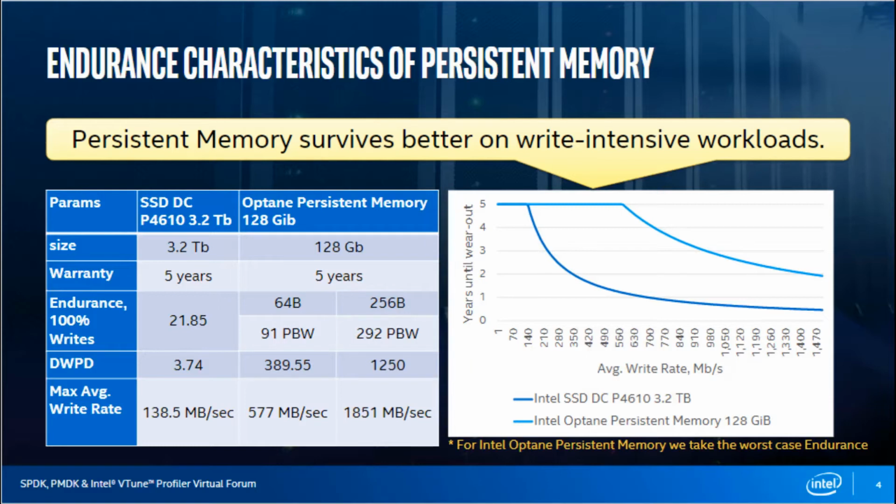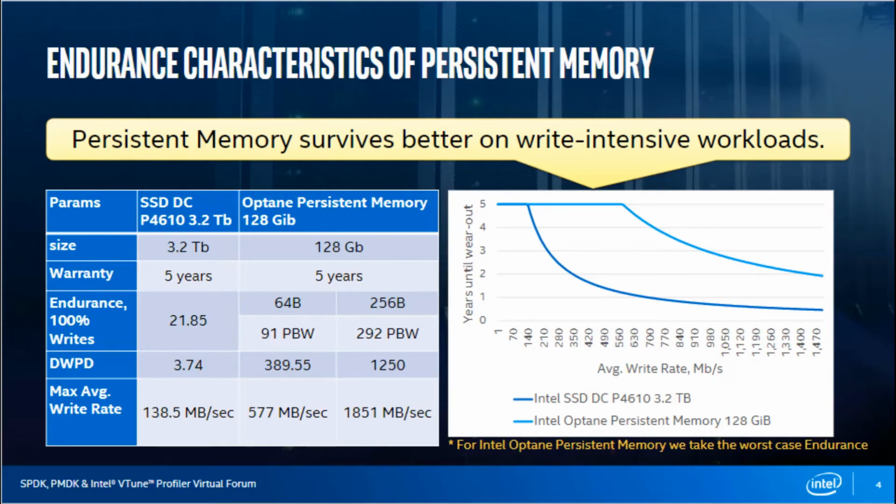Anyway, endurance is the first characteristic, and the second one is DWPD, disk writes per day. This characteristic can be calculated from the endurance. We just need to know the capacity and the warranty period. Disk writes per day tells us how many times we can fully rewrite the storage device per day.